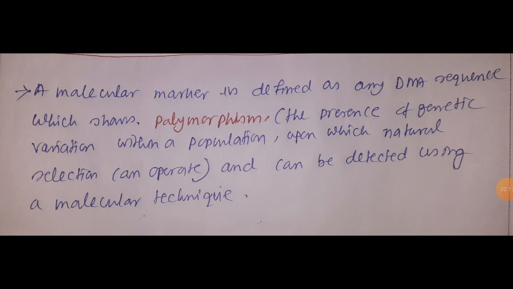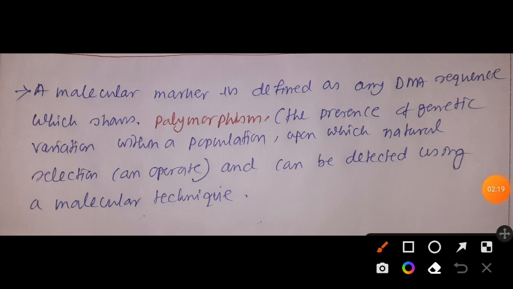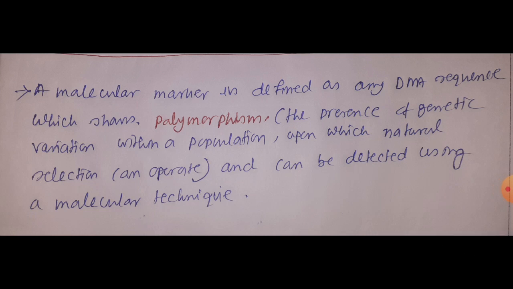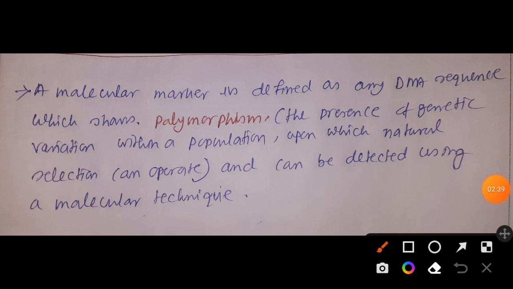For example, let's say you are running a tomato industry, and you have to identify which tomato is more tasty and whose demand is high in the market. You can distinguish them with the help of molecular markers, and then produce only that particular type of tomato for your profit, right?